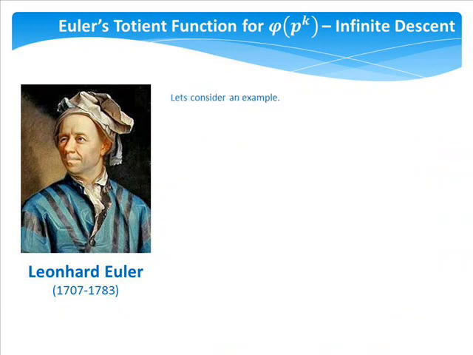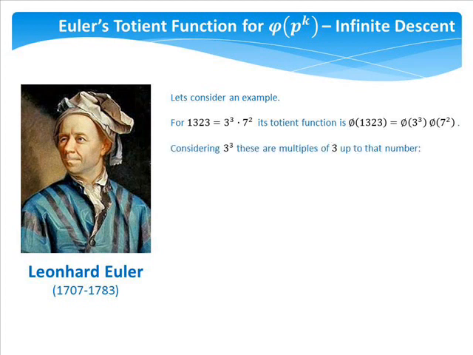Let's consider an example. For 1323, which is equal to 3 cubed times 7 squared, its totient function is the totient function of 3 cubed times the totient function of 7 squared. Considering 3 cubed, the multiples of 3 up to that number are 3, 6, 9, 12, 15, 18, 21, 24, and 27.